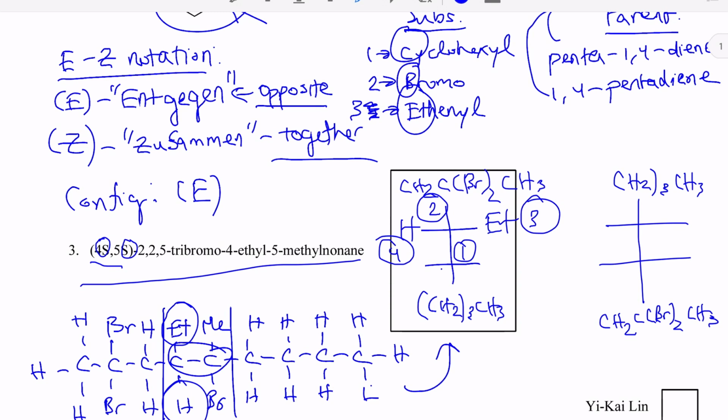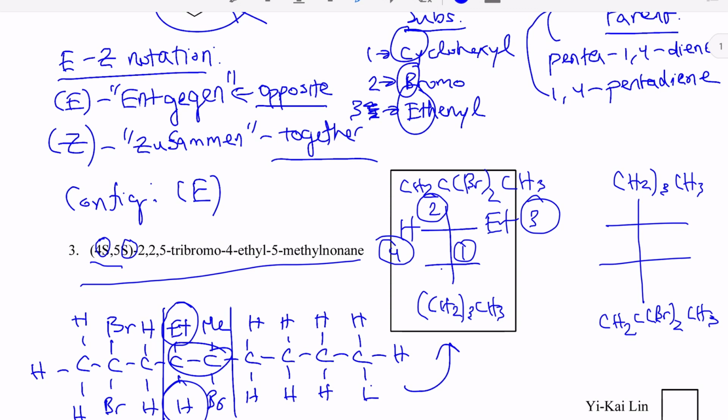So let me explain. When we apply the CIP rules, we see that the hydrogen has the lowest priority, right? Because all the other atoms that are attached to the stereocenter are carbons, which have a higher atomic number. So therefore, the hydrogen would have the lowest priority.